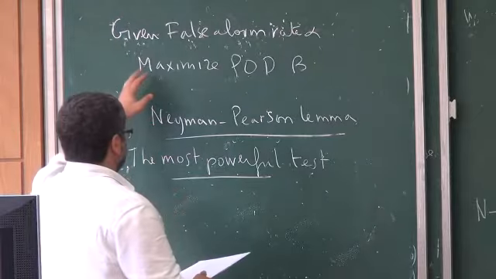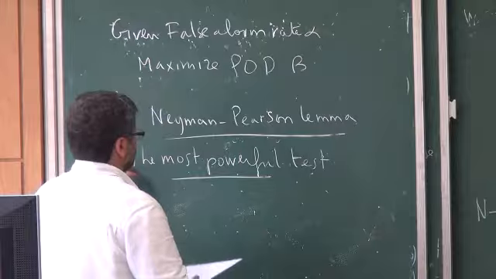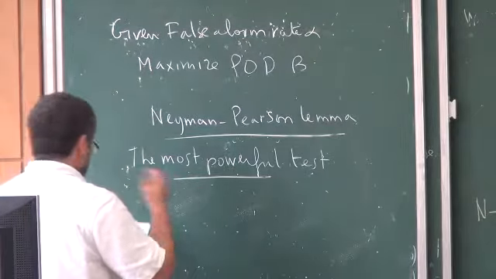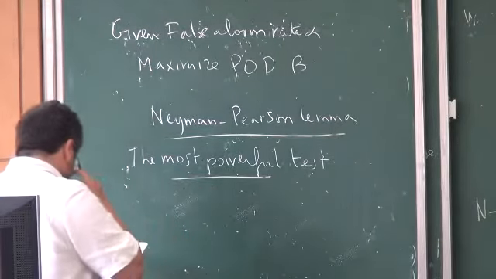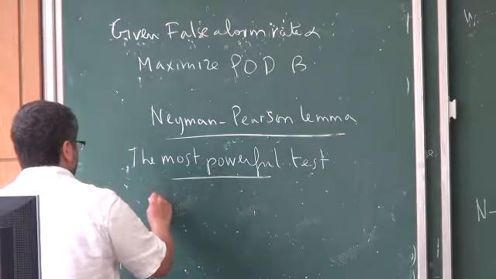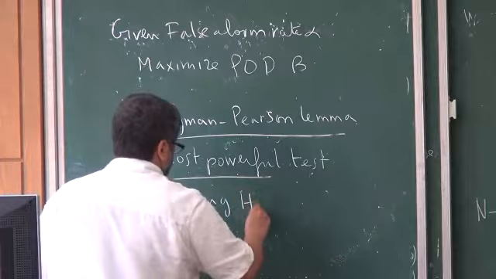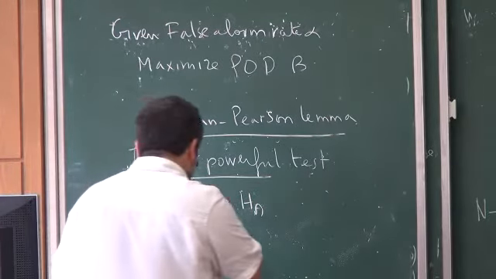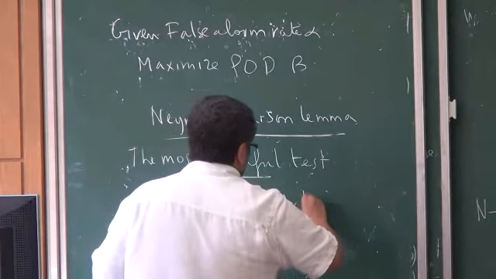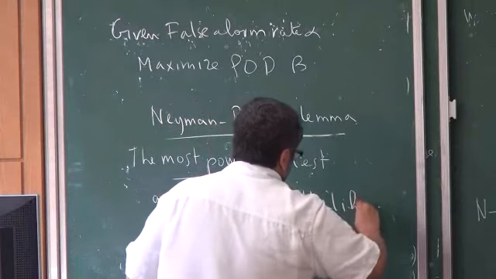For a given false alarm rate, the most powerful test corresponds to accepting HA for the likelihood ratio.